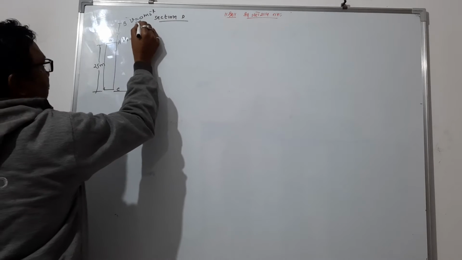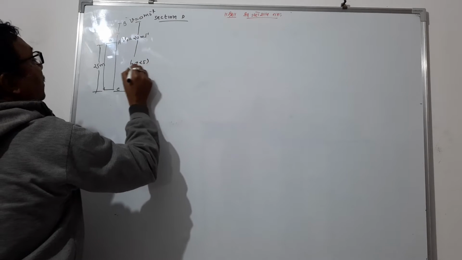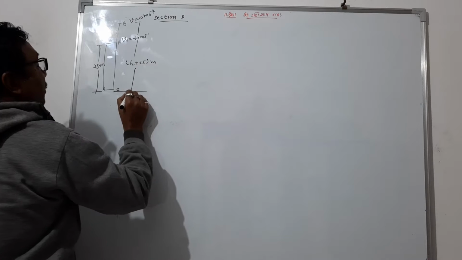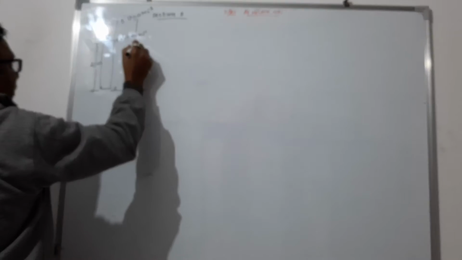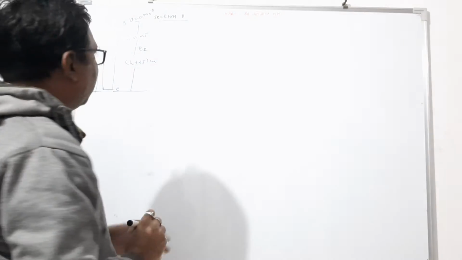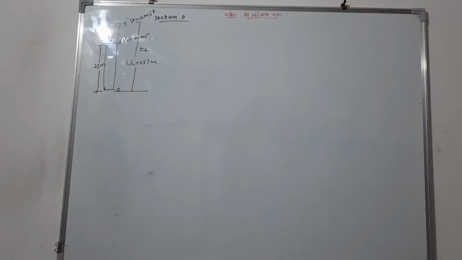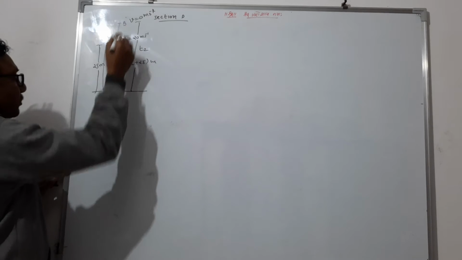Here the total height is h plus 25 meter. So this is t1 time and secondly t2 time, and then the total is t1 plus t2 time.